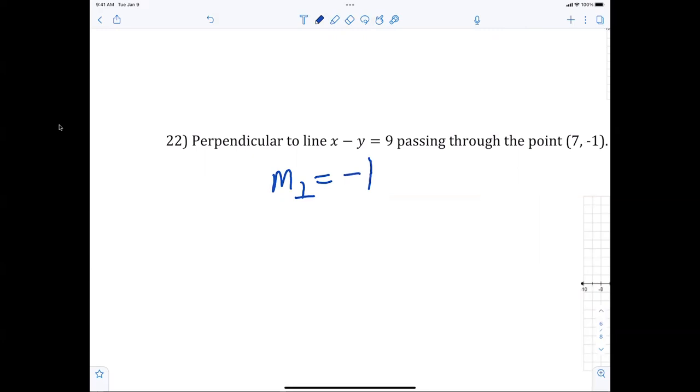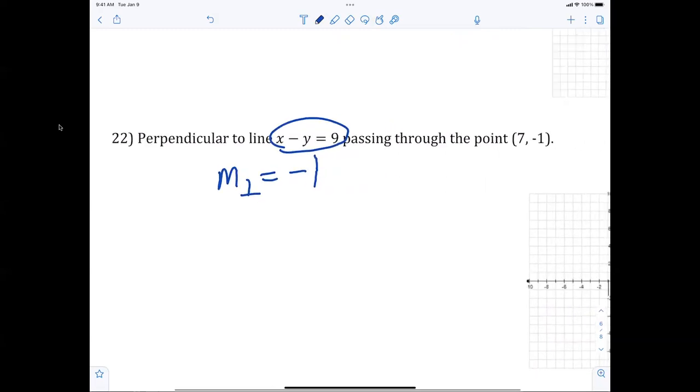I know you did. What? The slope of this, it's not in the right form. Y equals, so move. Okay, so what's the slope now? 1. Smooth.